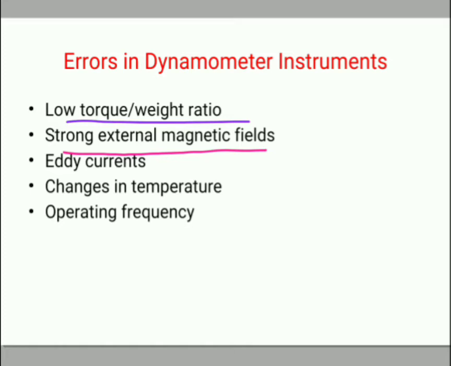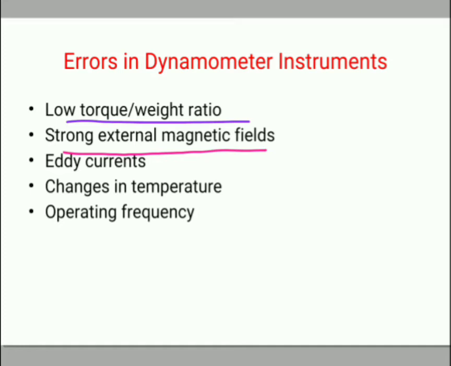For this, metal shields are used in portable instruments, which effectively isolate the coils from these external fields. However, in precision type instruments, metal shielding is not provided as eddy currents get induced in the metal shields that may result in errors in the instrument.